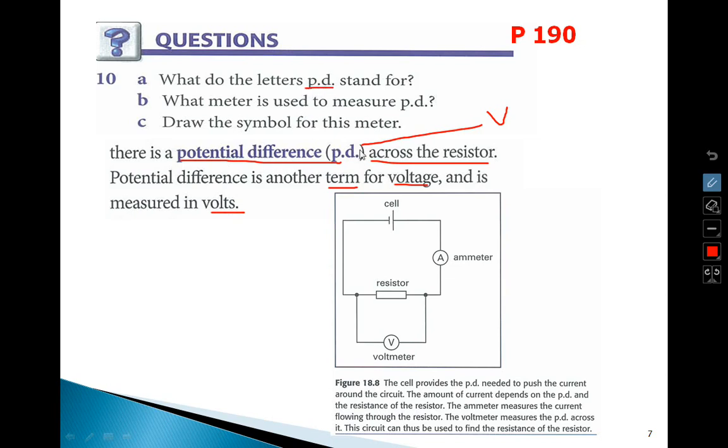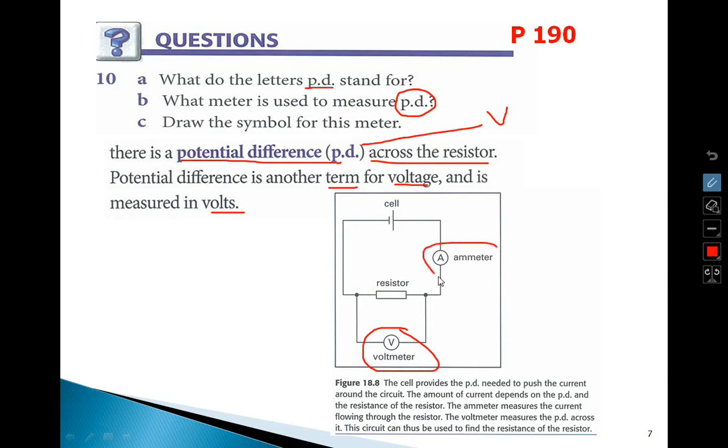The meter used to measure it is the voltmeter. We use the voltmeter to measure the value of PD or V over this resistor. This is the symbol of the voltmeter, used to measure voltage.